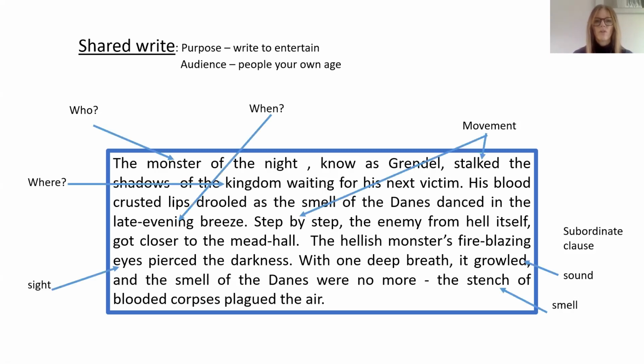Okay, hopefully you managed to find them all. I thought I'd identify them for you anyway. So you can have a look through the shared write again, looking where these examples have been identified. Just realised that I didn't highlight the subordinate clause for you. So you can show me actually if you want to. It'd be quite interesting to see if you can identify the subordinate clauses in this piece of writing.